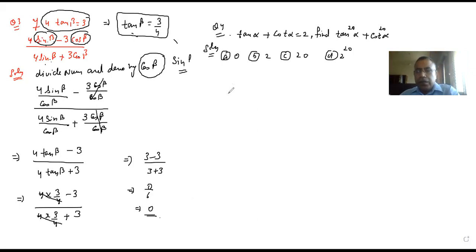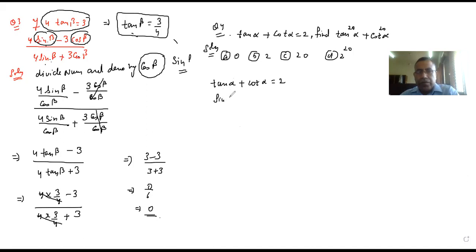Now see, in this question, tan alpha plus cot alpha is equal to 2, it is given. So if I solve it, tan alpha plus cot alpha equal to 2.